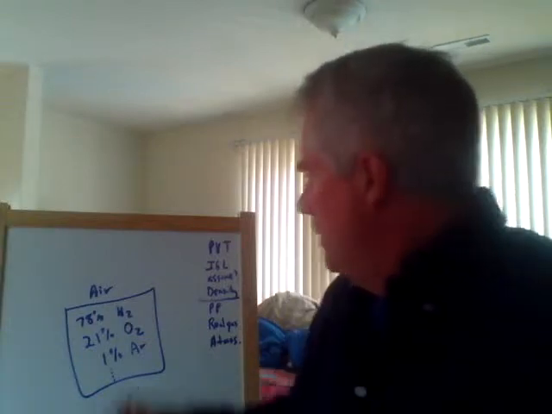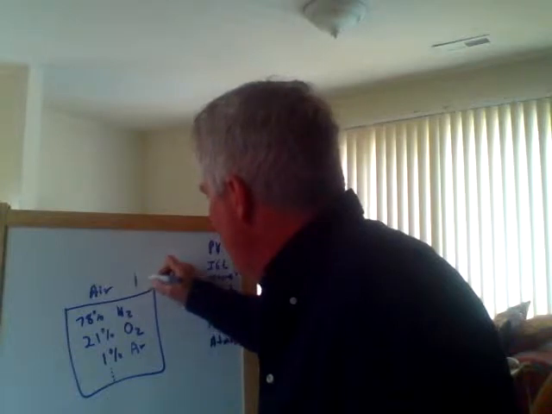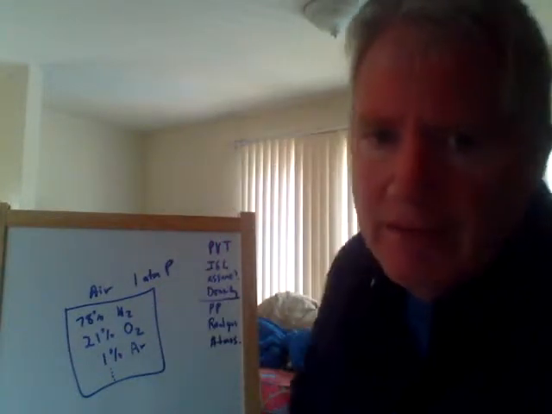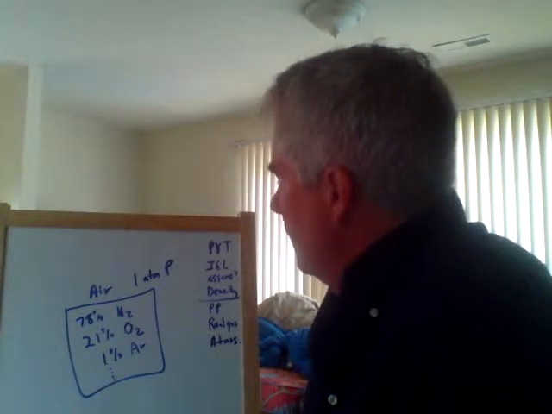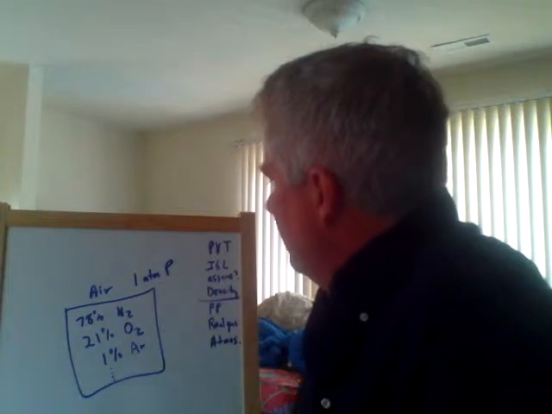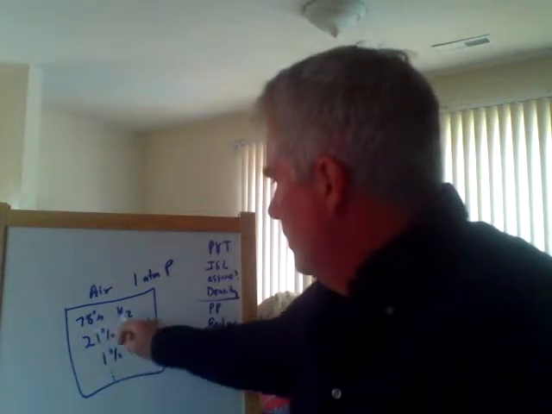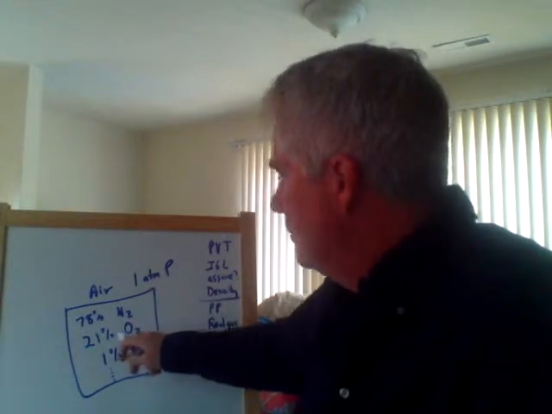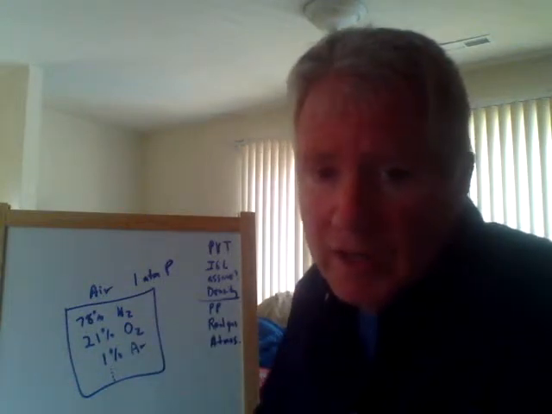Okay, so if in our sample here we actually had, let's say, 1 atmosphere pressure in this container of air, then the question you could ask is, for this 1 atmosphere of pressure, how much of that pressure is related to the nitrogen gas, how much is caused by the oxygen gas, and how much is caused by the argon gas?